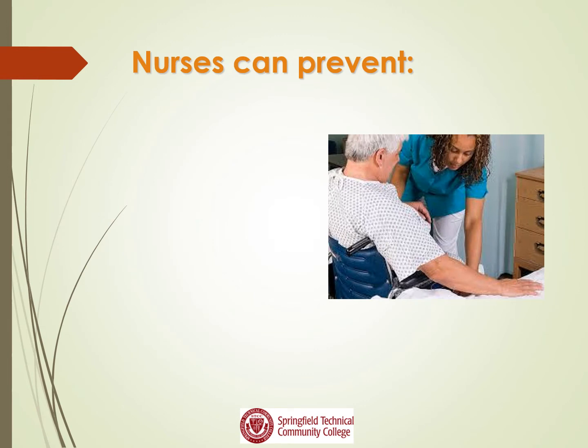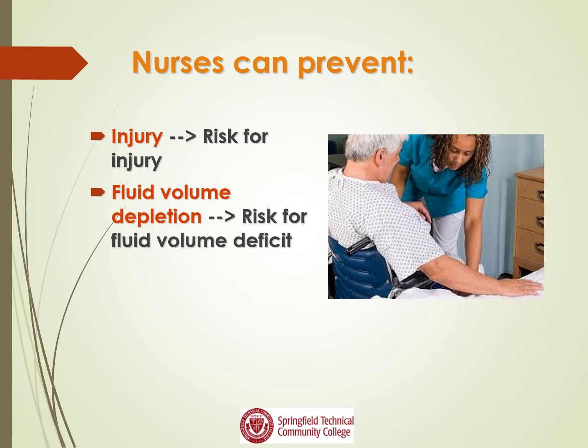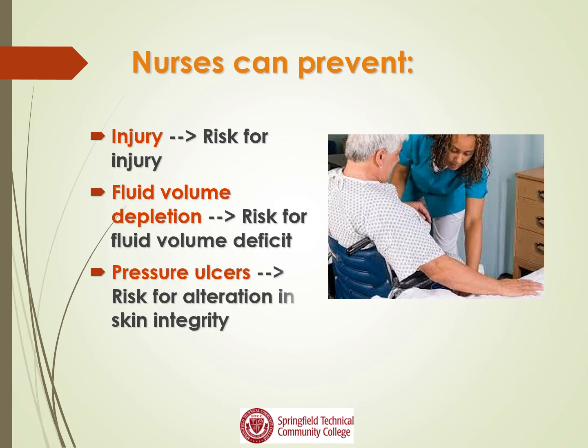So what can a nurse prevent? The nurse can prevent injury. Patient has a nursing diagnosis of risk for injury. Nurses can prevent fluid volume depletion. The patient has a nursing diagnosis, risk for fluid volume deficit. The nurse can prevent pressure ulcers. The patient has a nursing diagnosis of risk for alteration in skin integrity.